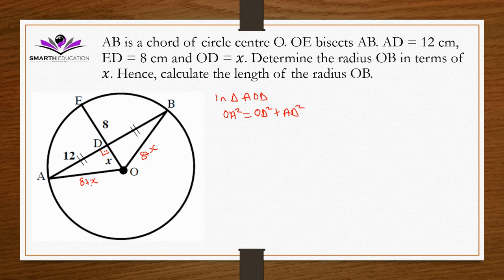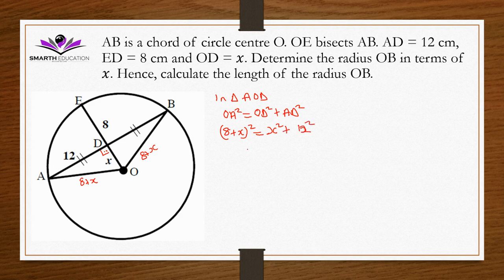Now I want to substitute this 8 plus x into where there's OA there. So I can say 8 plus x squared is equal to OD, which is x, squared, plus AD, which is 12 squared.